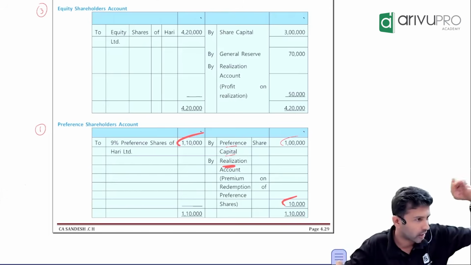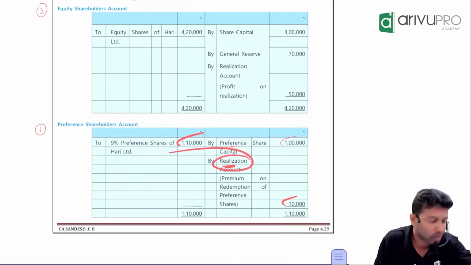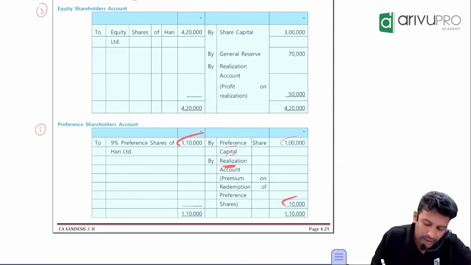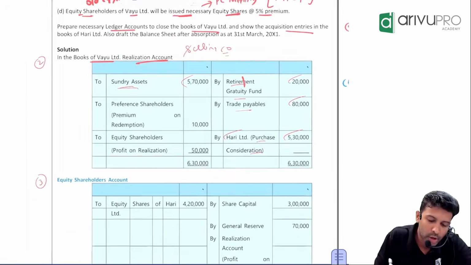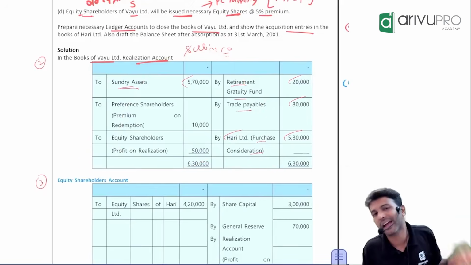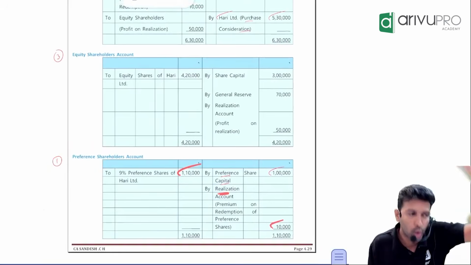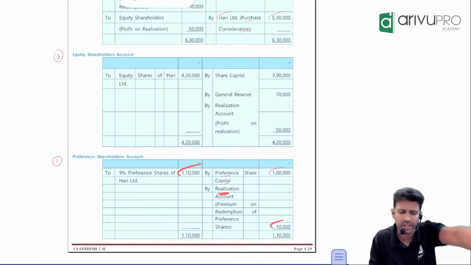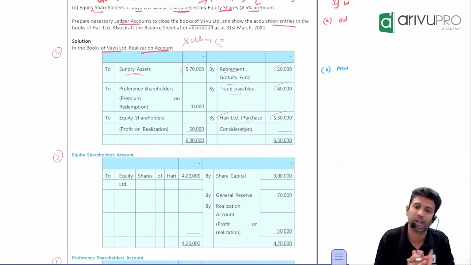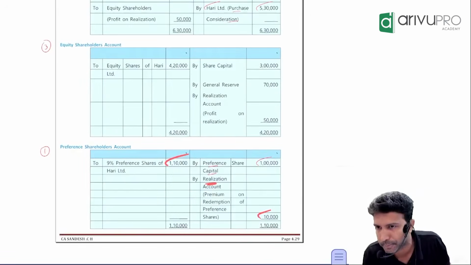So this particular adjustment affects which account? Realization. Unless you know this, you will not be able to close realization. Hence I said, whenever the selling company has preference share capital, first prepare the preference shareholders account, then the realization account, and lastly equity shareholders. If you take care of this order, mistakes will not be made.